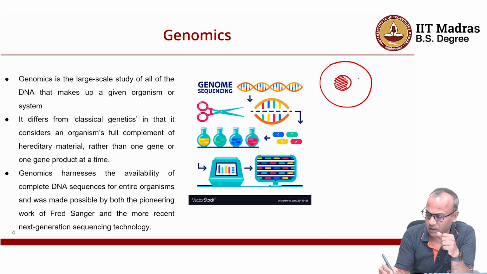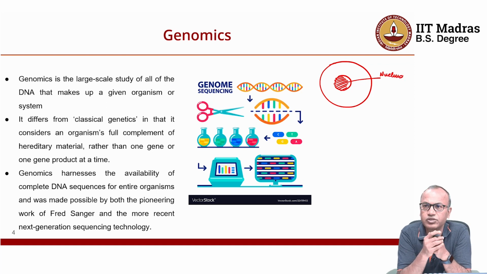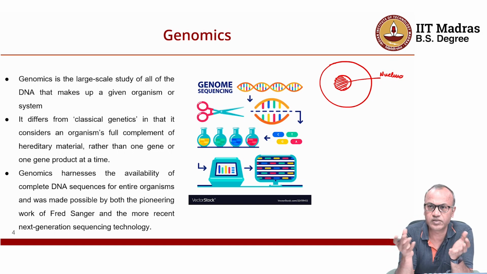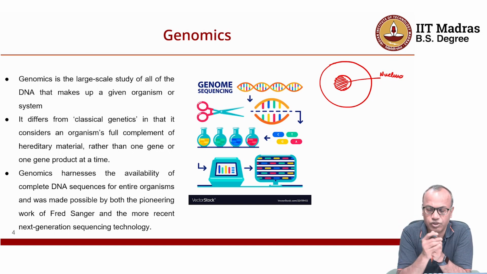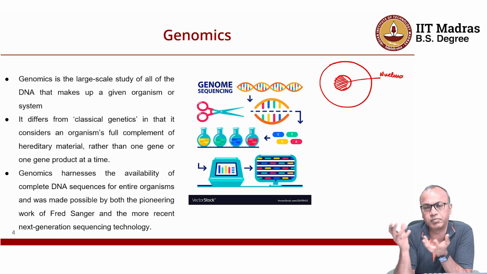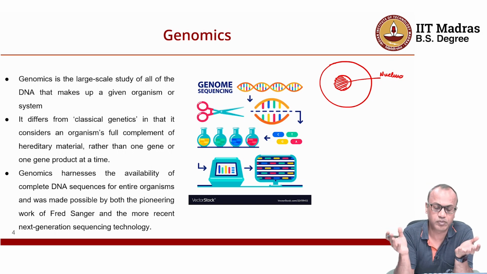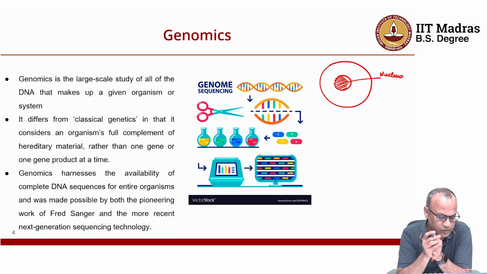All of the DNA in this nucleus will be the genome of the organism from where this cell has come. So if it is a human cell, then it will be human genome. If it is a mouse cell, it would be mouse genome. If it's a plant cell, it would be a plant genome, right? So that's the whole component.